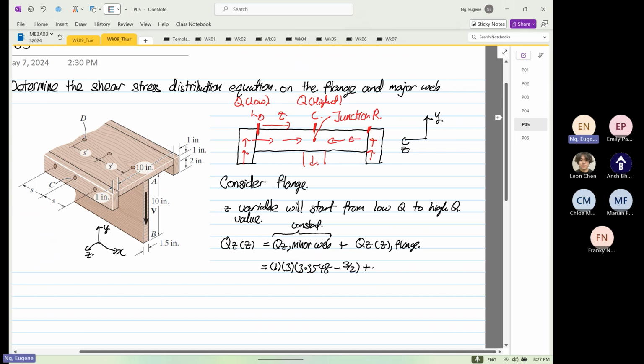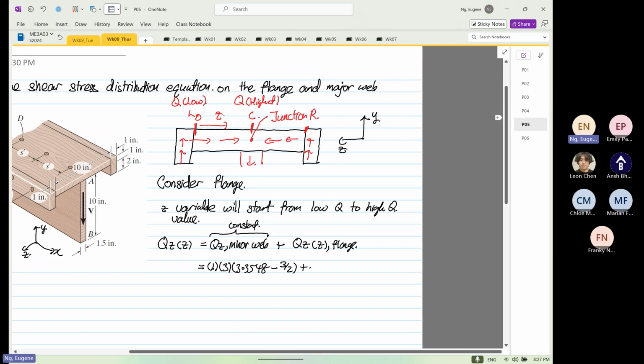Then plus, the width over here is a variable, so it's Z. From low, it is 0, so this is Z. And then the depth, we know the depth is what?